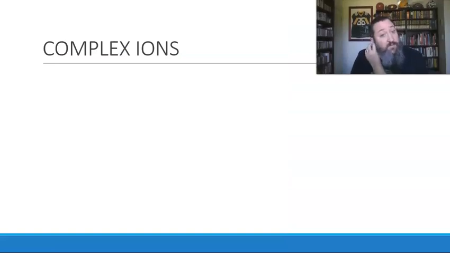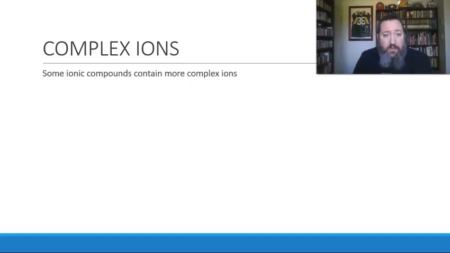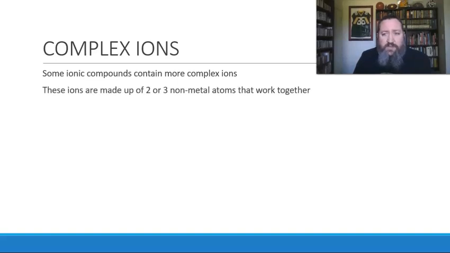When you look at the formulas for different compounds, you'll see that some of these contain pieces that have more than one atom. All the examples we've seen so far have been one type of metal and one type of non-metal.